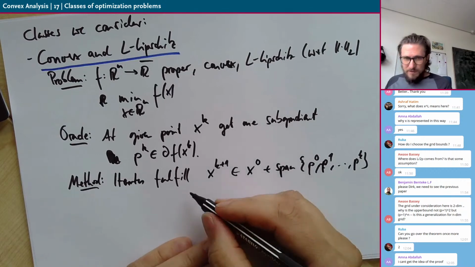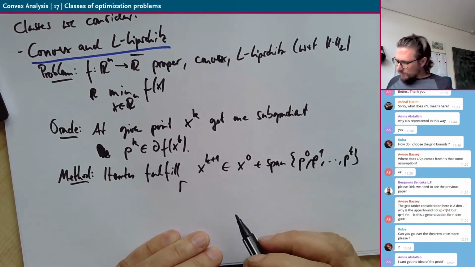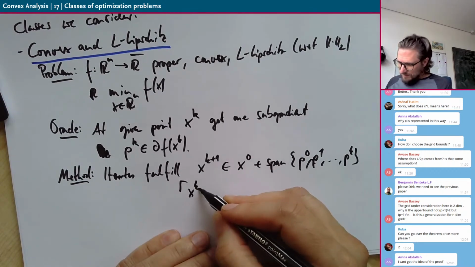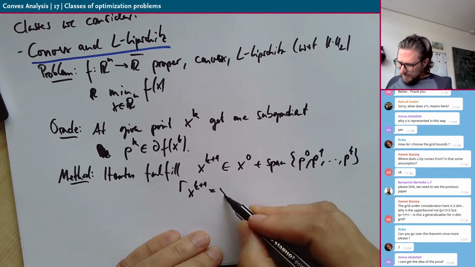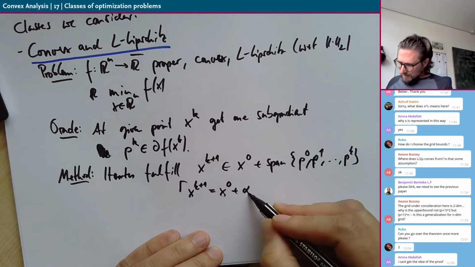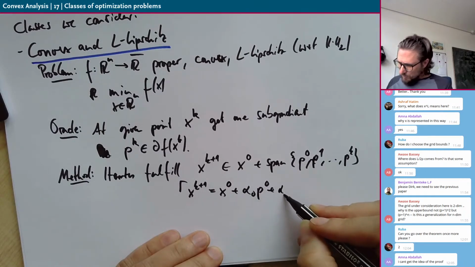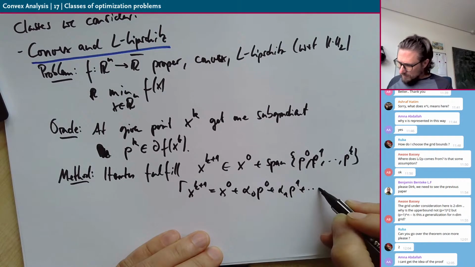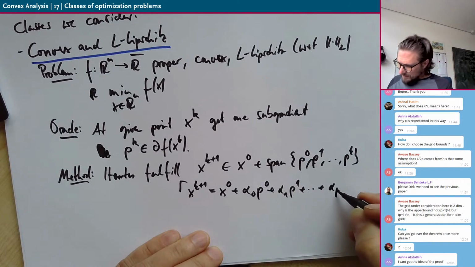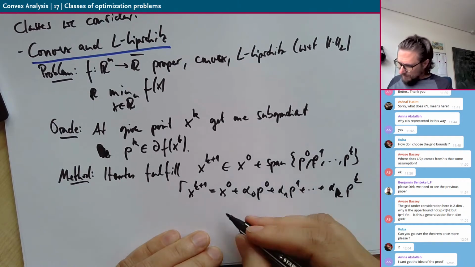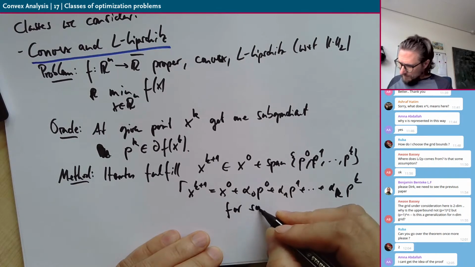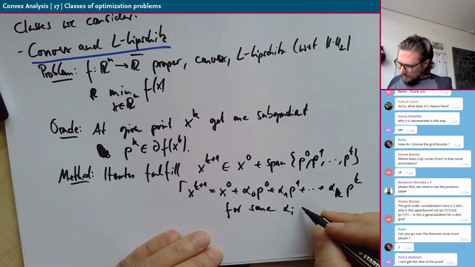In other words, in case you're not familiar with the span, it says that it is equal to x0 plus, say, alpha 0 p0 plus alpha 1 p1 plus up to alpha k pk for some alpha i.